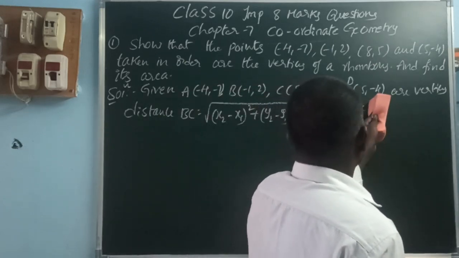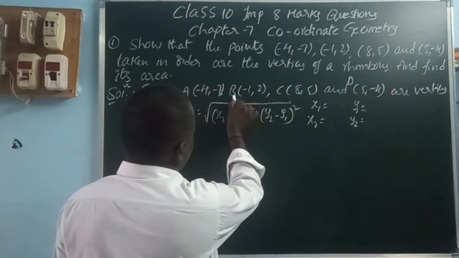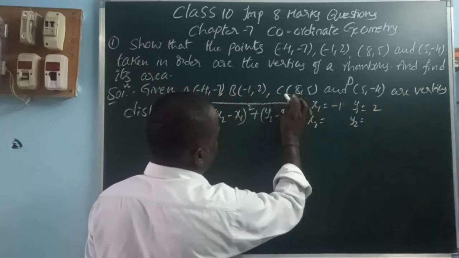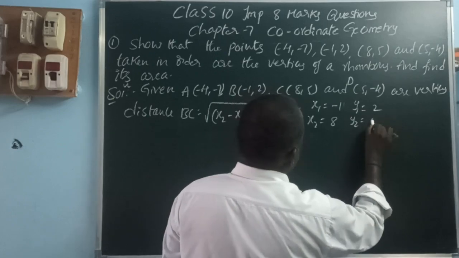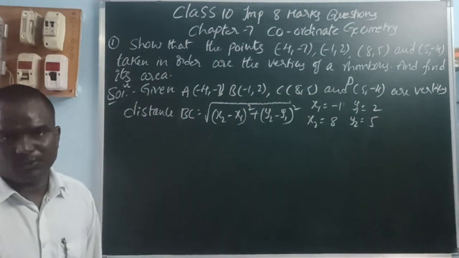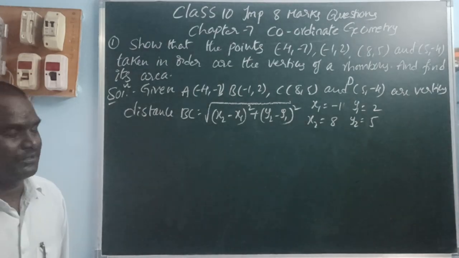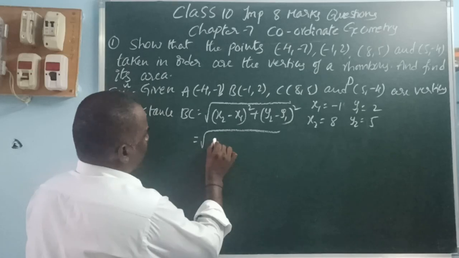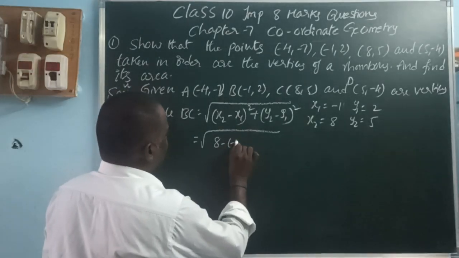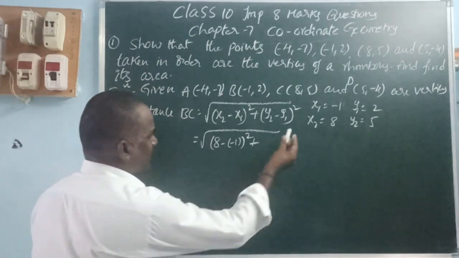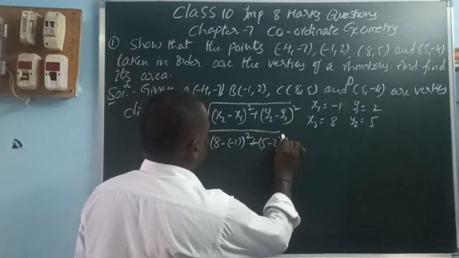So the distance between B point and C point. In point B, the x coordinate is -1 and the y coordinate is 2. In point C, the x coordinate is 8 and the y coordinate is 5. So the distance BC is the square root of (x2 minus x1) whole square plus (y2 minus y1) whole square. Here x2 8 minus x1 (-1) whole square plus y2 minus y1, that is 5 minus 2 whole square.